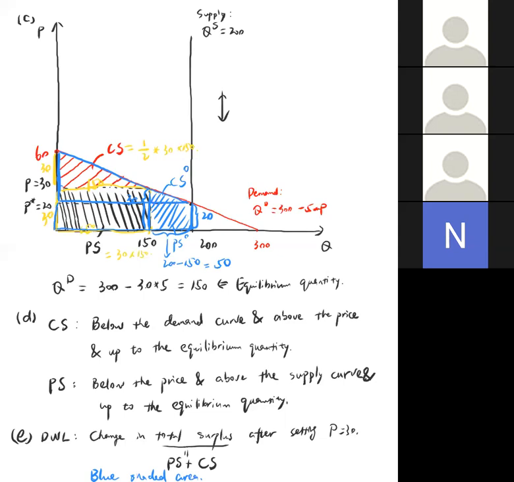So if you are asked to calculate the area of the deadweight loss, that will be 1/2 times (20 plus 30) times 50. And that will be the area of the deadweight loss. Okay. Any questions so far? If not, I'm moving on to part F.